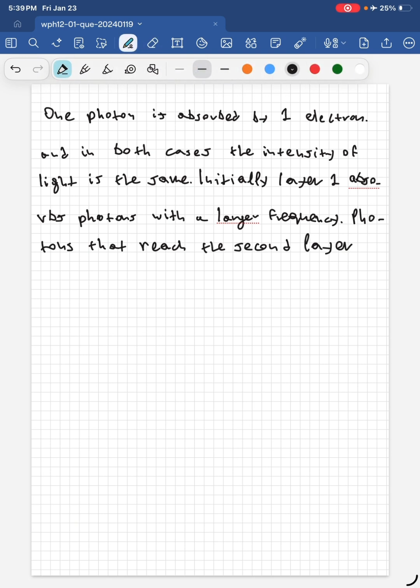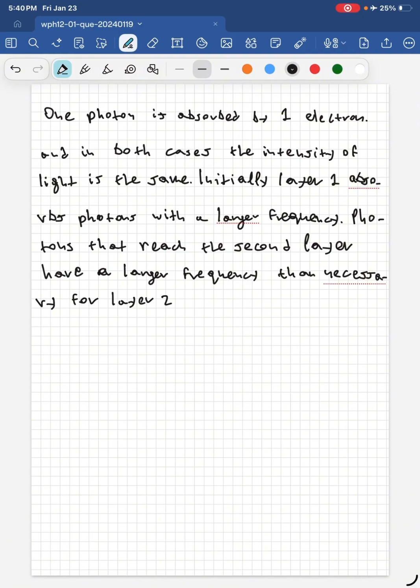So photons that reach the second layer have a larger frequency than necessary for layer 2 to release electrons.